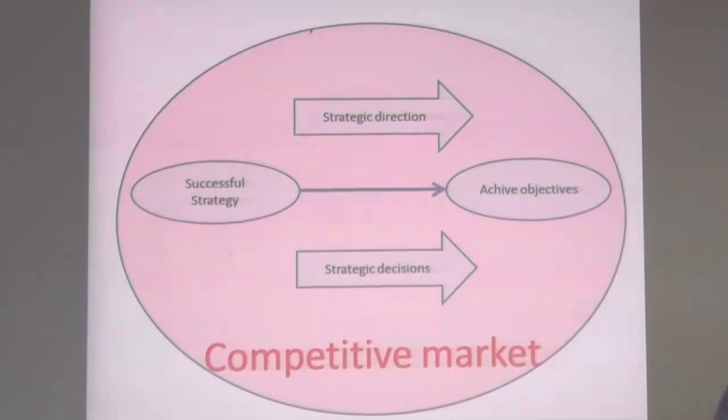So, strategic decision is the decision taken by the management in the strategic plan to achieve the objective through successful strategies. So, those decisions have to be confirmed by the management and allow the process to achieve the objectives.